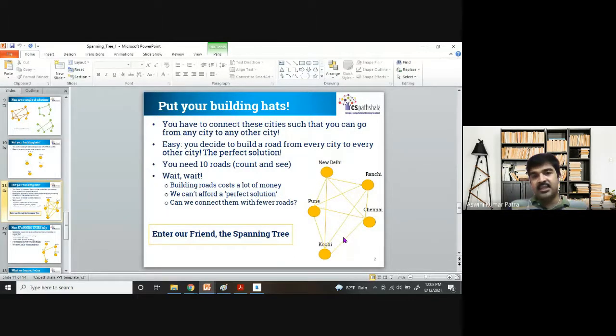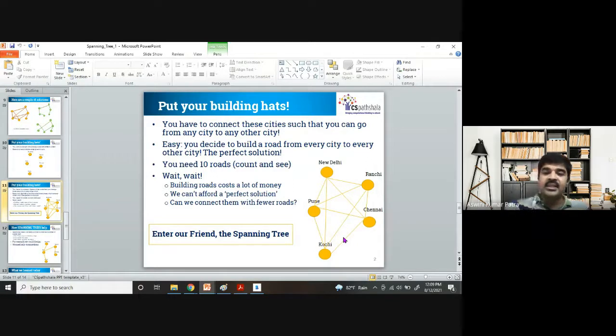Now the question is, building roads costs a lot of money. We cannot afford a perfect solution, meaning a solution where all are connected to each other. We need something cost effective, with less cost involved. So the question remains: can we connect them with a smaller number of roads instead of 10?